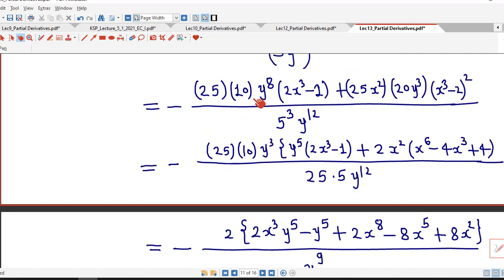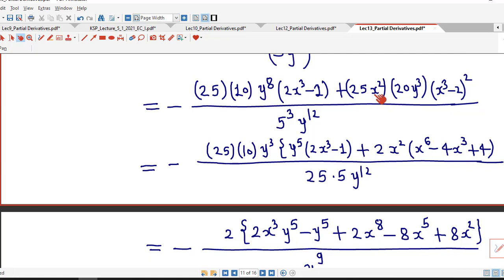Now we can take 25 common in each term. Similarly 10 is there in each term and y cube is also there. So we consider 25 into 10 into y cube common from each of these two terms. In the first term, after taking this common, we are left with y raised to 5 times 2x cube minus 1, and 25 is common here.